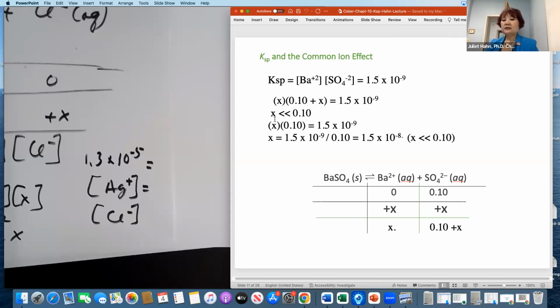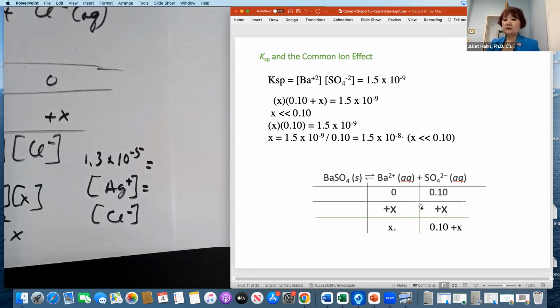So then you can say X is much smaller than 0.10, unless this concentration is so small that even if you produce a very tiny amount, it makes a difference. If you have a small KSP like this, you're not going to get enough of the sulfate produced from the dissociation to have any kind of an effect on a 0.1 molar solution.